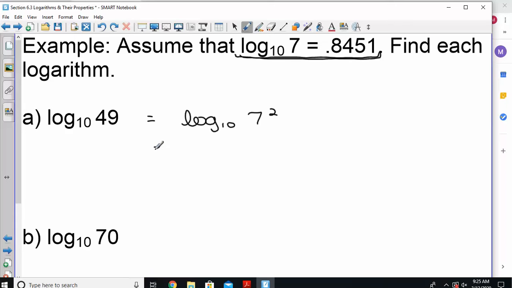But by properties of logs, what would happen to that squared? This is 2 times log base 10 of 7. And log base 10 of 7 is 0.8451. So multiply that by 2 and you get the answer.